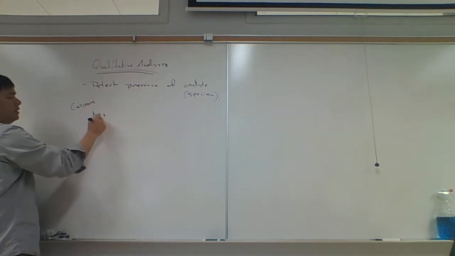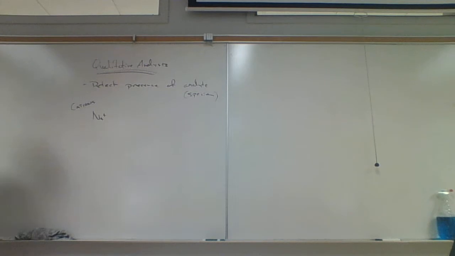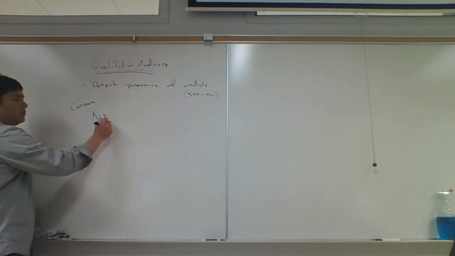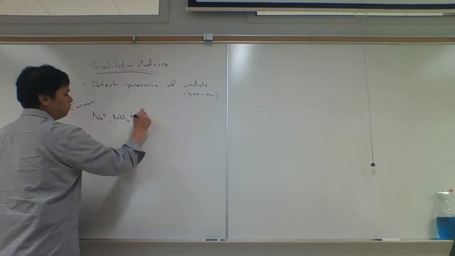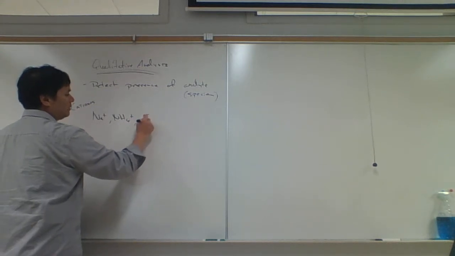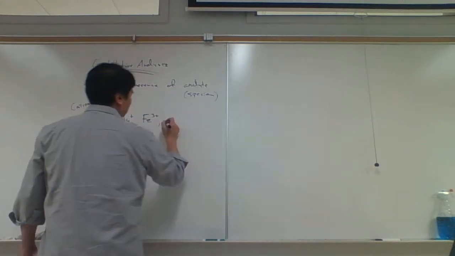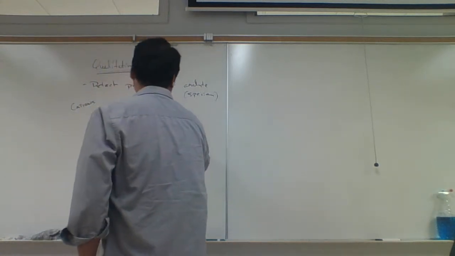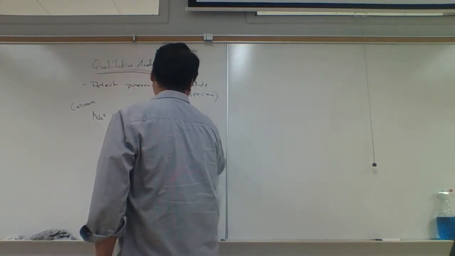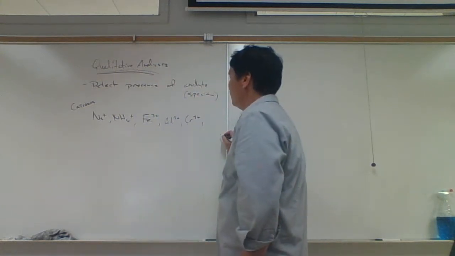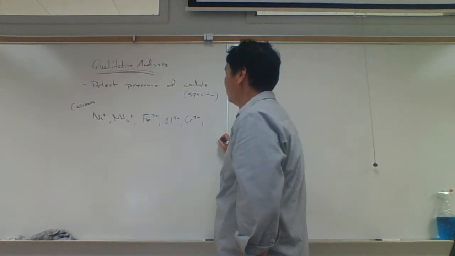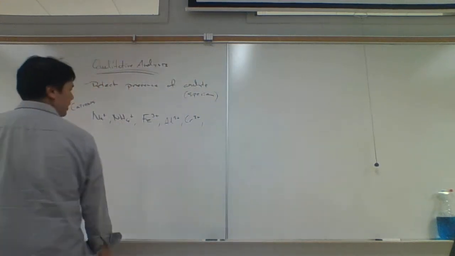cations. Sodium might be present, ammonium. What else? Iron 3+. Aluminum 3+. Chromium 3+. That's 5. What else do we have?